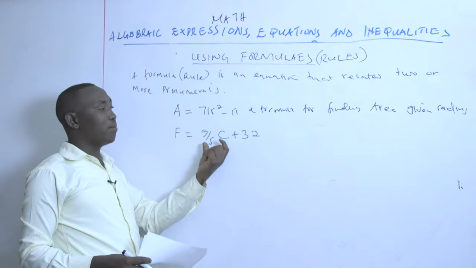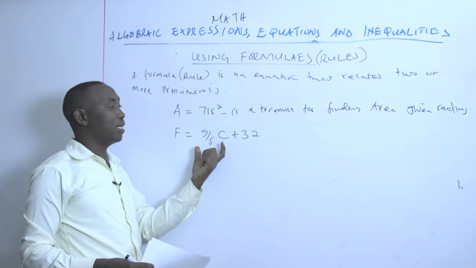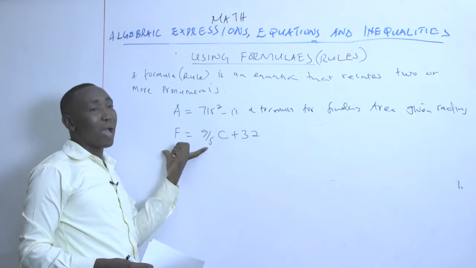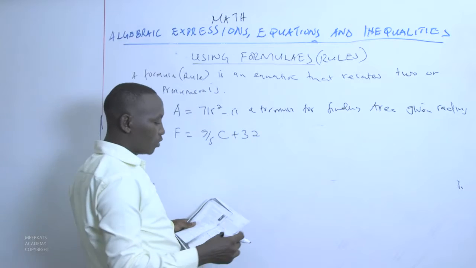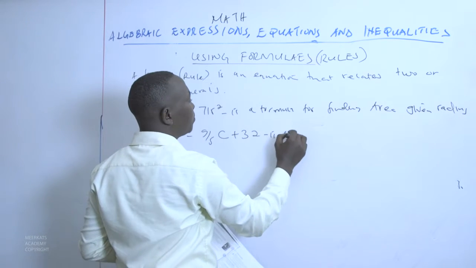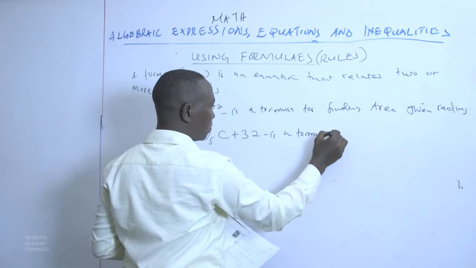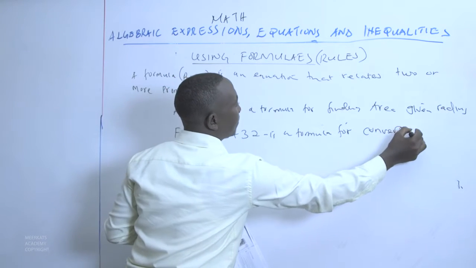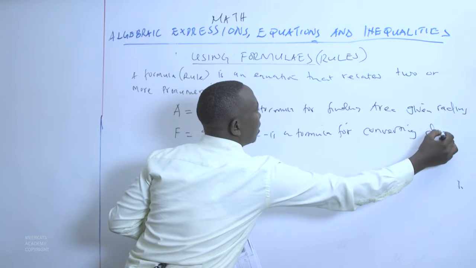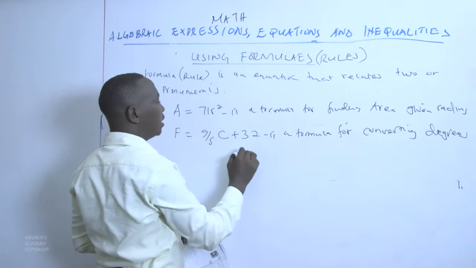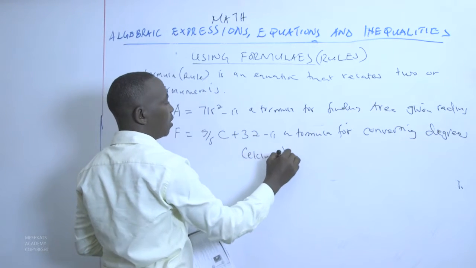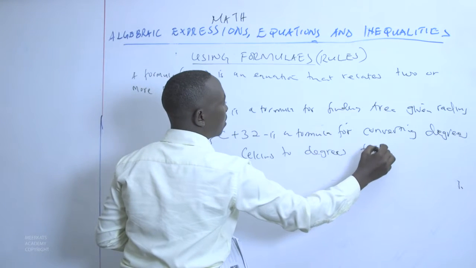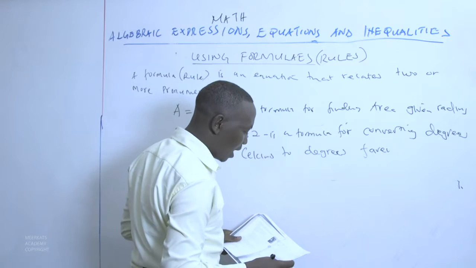That is, if you are given certain temperatures in degrees Celsius, you can convert them to degrees Fahrenheit by use of this particular formula. So it is a formula for converting degrees Celsius to degrees Fahrenheit.